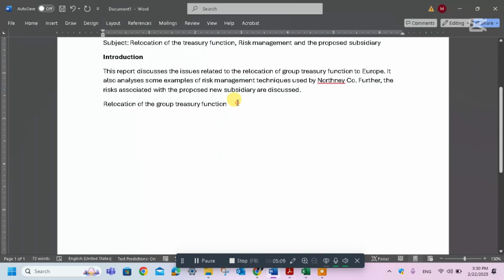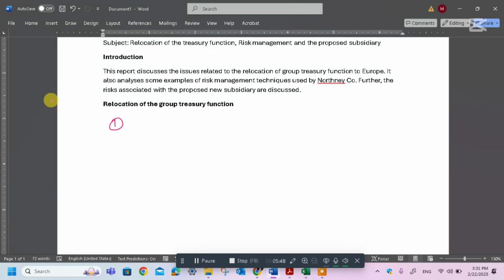Right. So what are the issues you think we have here? Few of the issues I'll just jot down. You have to put it in proper wordings. First one we can mention here. Right now, most of your treasury function, the group treasury function, is based in America. So when you shift to Europe, see, Europe had a few divisions, and each division had a treasury function, like divisional treasury function.